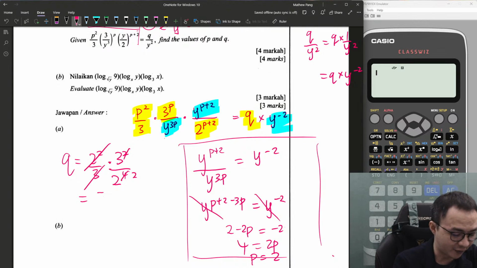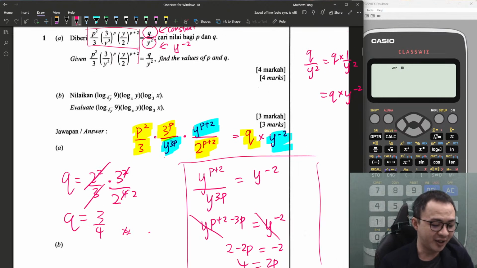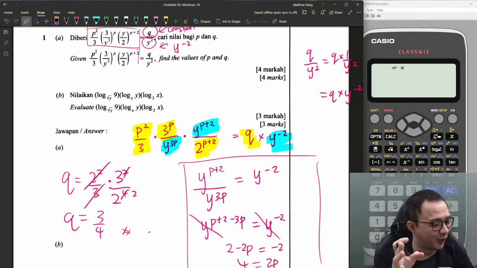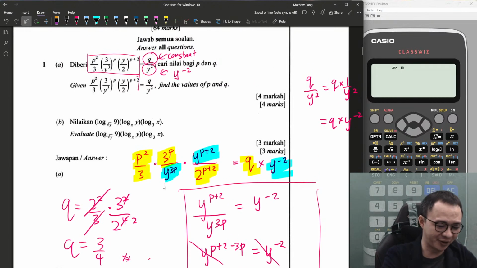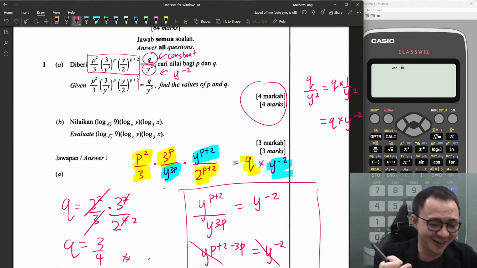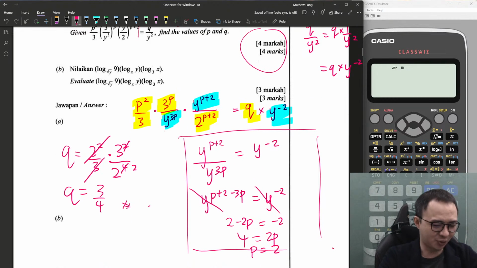So it's 3 over 4 is my Q. Done. Without knowing the comparing method, I think you will not be happy about this 4-mark question, because there are so many unknowns and you only have one equation. Therefore, I will use the so-called comparing method. Not too hard, right?